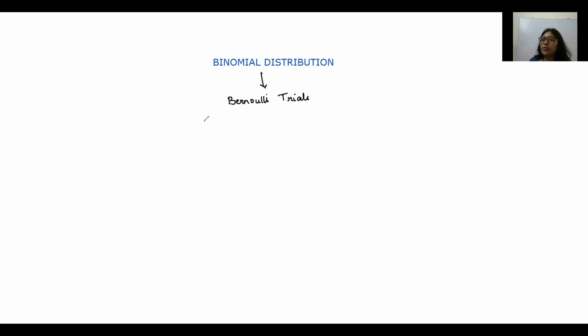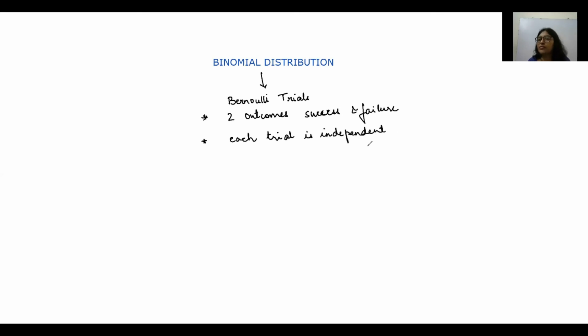The characteristics of Bernoulli trials are that they have only two outcomes, one is success and the other is failure. And when we repeat the trials, each trial is independent. It can be repeated n number of times.